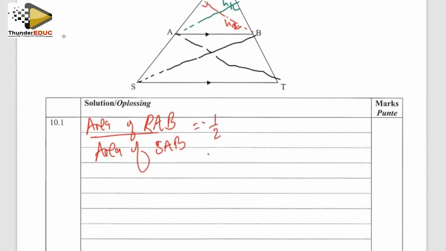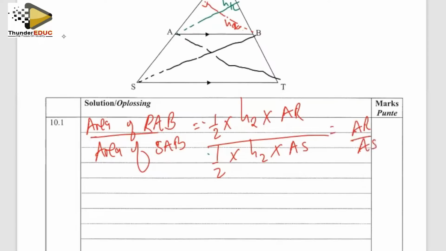So that's going to be a half times, I'm using H2, multiplied by AR or RA, over half times the same H2 multiplied by AS. You cancel the half and the H2, which means AR over AS, or RA over AS.